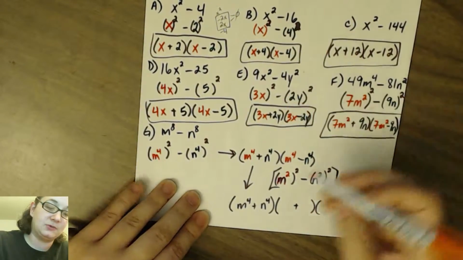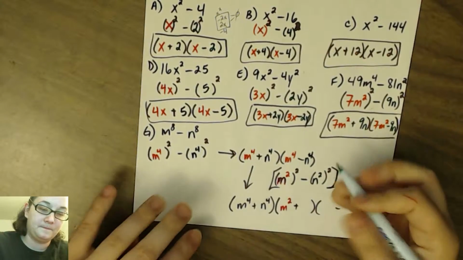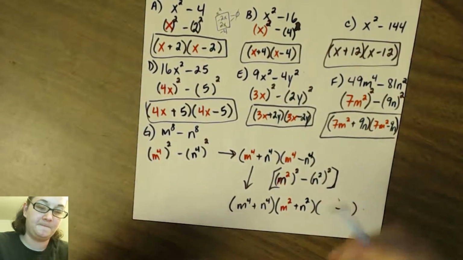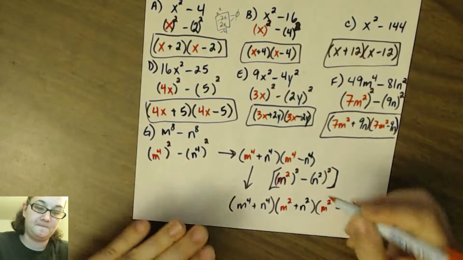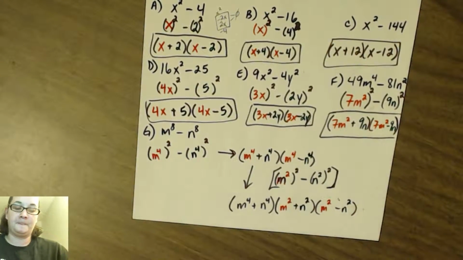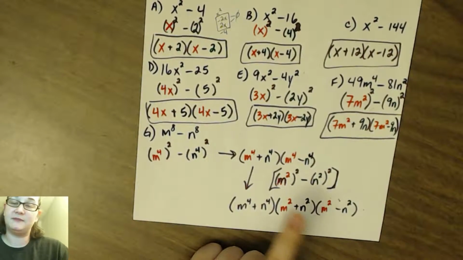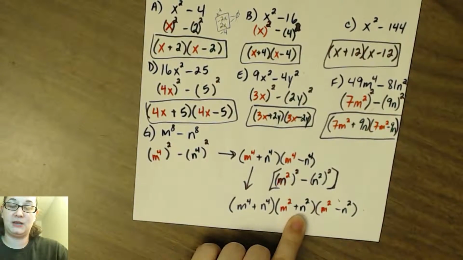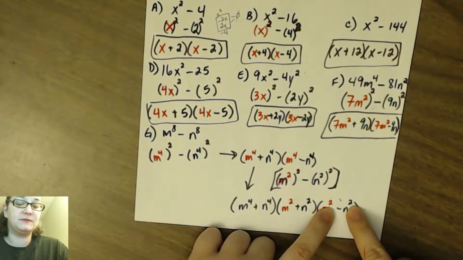So then I get m squared and there's a plus, and those aren't cubes, and they're not divisible by 3, so I know that that's the furthest it goes. But if you notice, this is a difference, and those are divisible by 2, so I know it could be a perfect square, potentially.